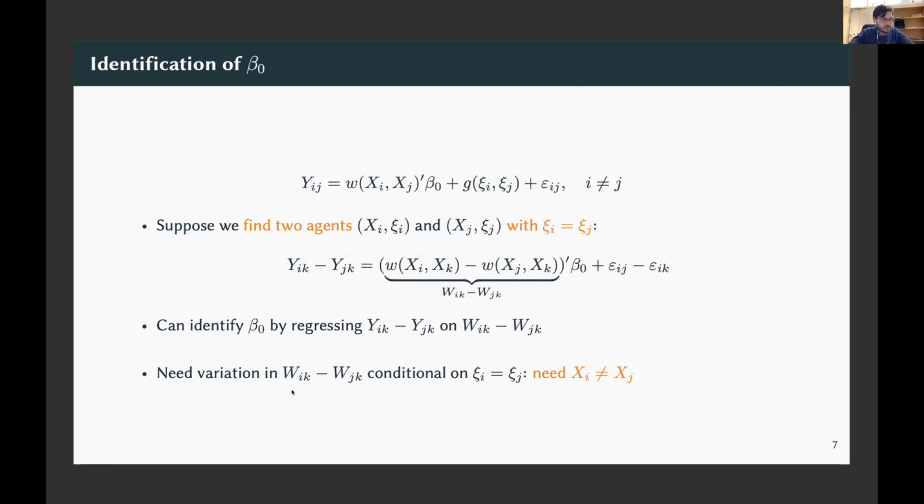Sure, I see where your question is coming from, and it's important. That's one of those assumptions which lets me disentangle those effects. I have this additive separability, and conditional on xi. Of course, I would be in trouble if my xi is everything, because once I condition on xi, I wouldn't have variation in x, and I would be in trouble disentangling those effects. So this is a fundamental assumption.